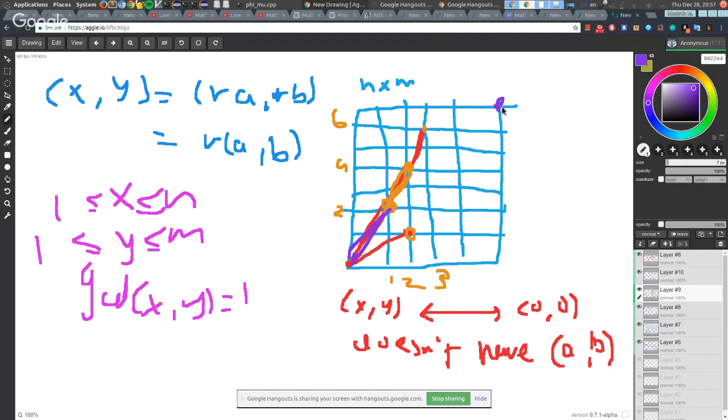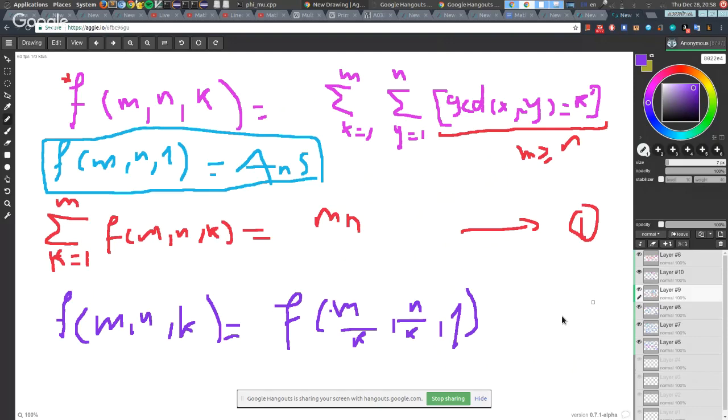So for all the numbers that will have a GCD of 3, we have to divide this part by 3 and this part by 3, and then we count all the pairs that have a GCD of 1, so this will be like a smaller grid here. For example, let's say this is when we divide by 3, and let's say we found those 2 points. Then we multiply each of these vectors, we repeat it 3 times. So it's like that. So basically this is the intuition behind this formula.